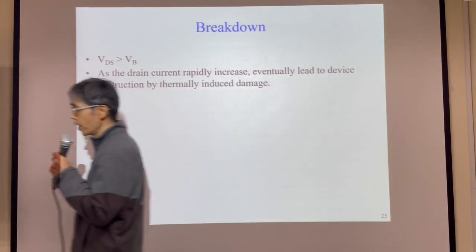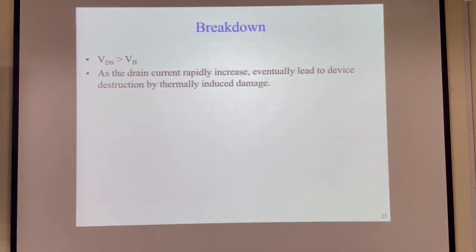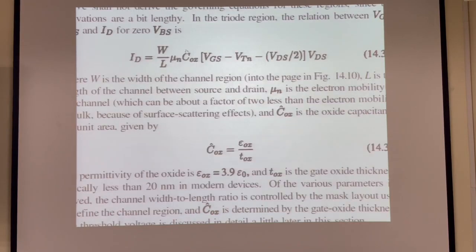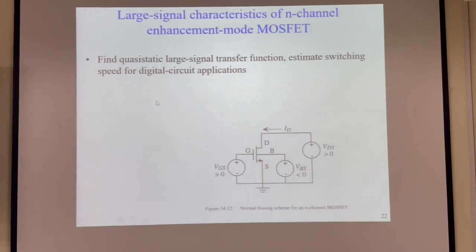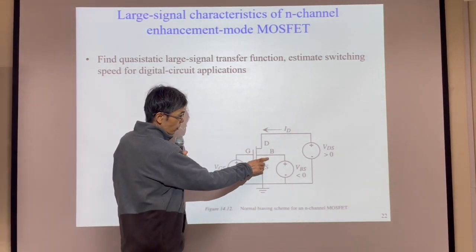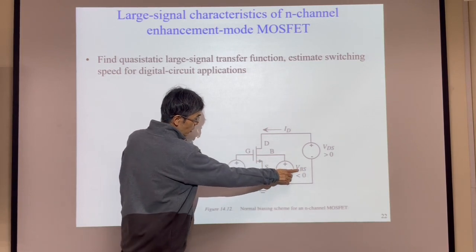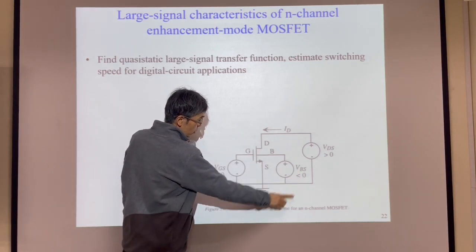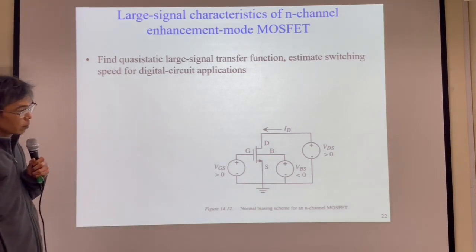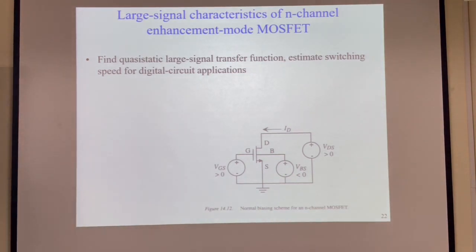If we go back to this figure, say this is VB. VB is connected to the substrate. So VBS should be less than 0.